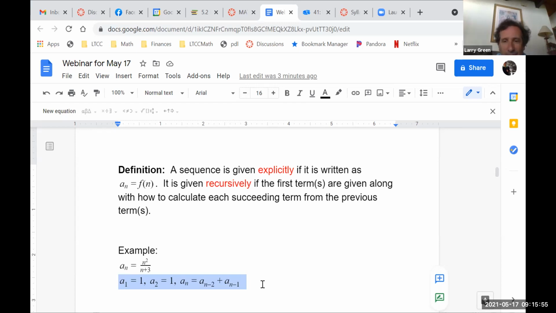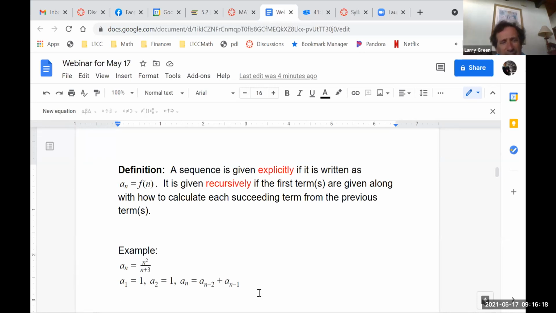Okay, it's called the Fibonacci sequence. Have you heard of it? And it's actually used in biology. That's how it was originally introduced, as rabbits, because they like to multiply. So that's a typical recursive sequence.